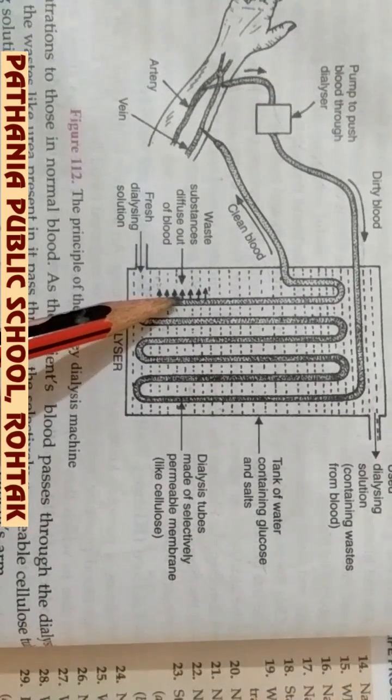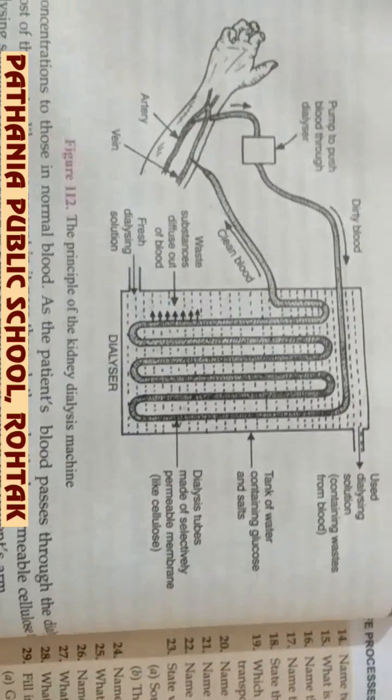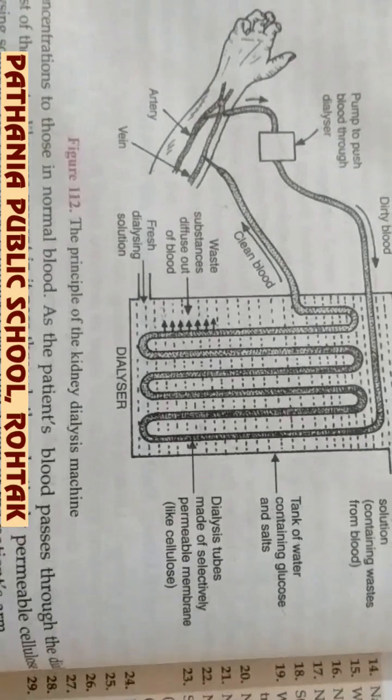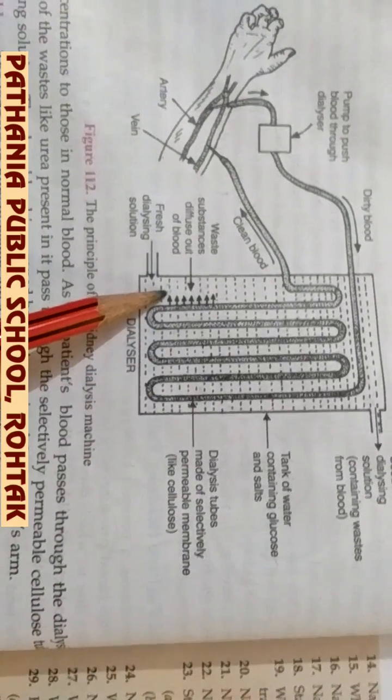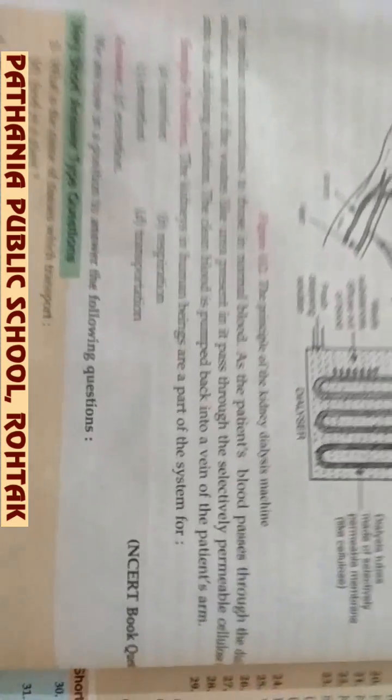You can say from higher concentration to lower concentration, from the blood to the dialyzing fluid. So this complete process is called haemodialysis, which is written here in your book this way.